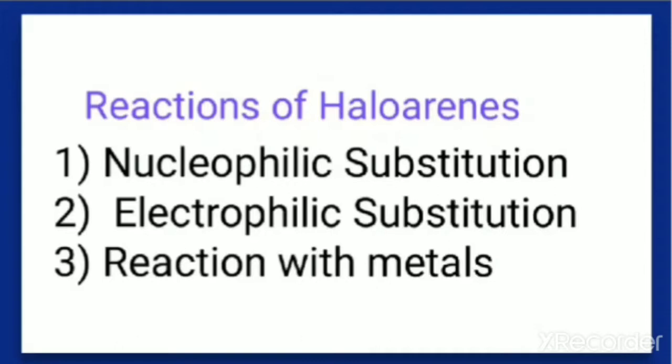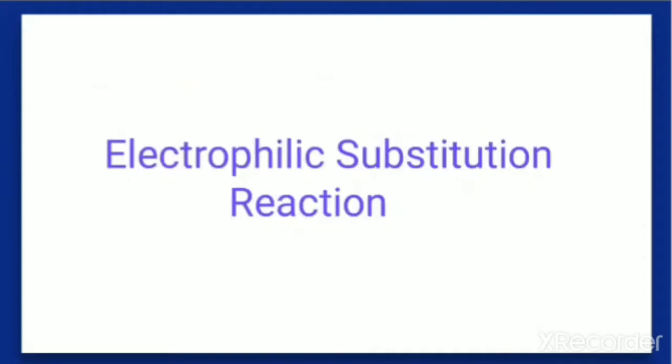In the first we have finished, that is the nucleophilic substitution. The second one is electrophilic substitution. So, in this video we are going to discuss what is electrophilic substitution reaction.